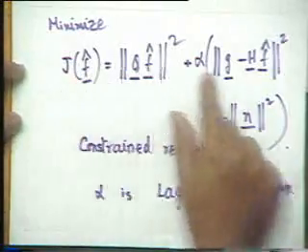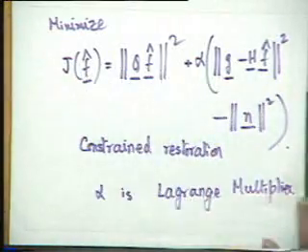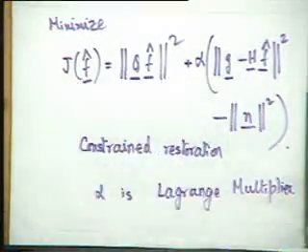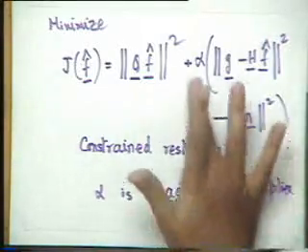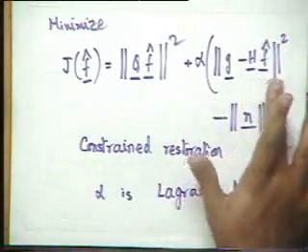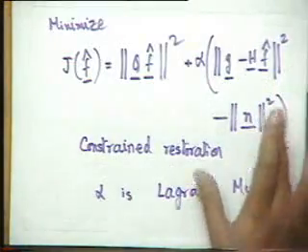Now, one thing which should be told is that in the last class we had this kind of objective function, right? Where we had said that for the constraint restoration problem, we have to minimize this expression, alright? J(f) being the objective function, ||Qf||² plus alpha into ||g − Hf||² − ||n||², basically.